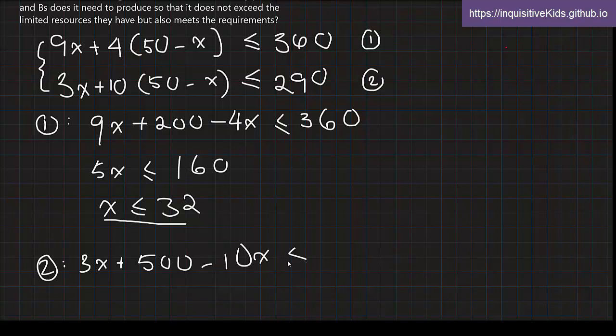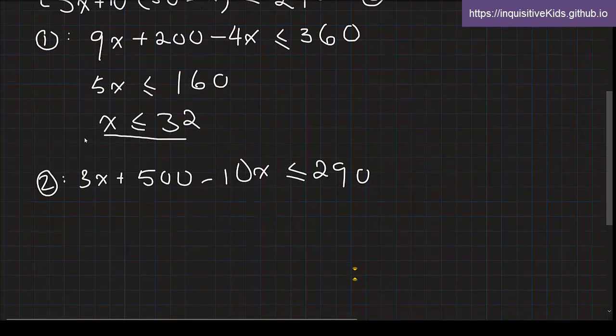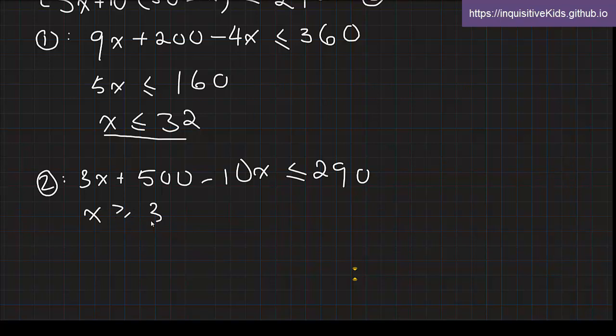So that is less than or equal to 290. Now we can simplify even further. Let's combine like terms. So we have 500 minus 7x is less than or equal to 290. Even further simplified, we have x is greater than or equal to 30.